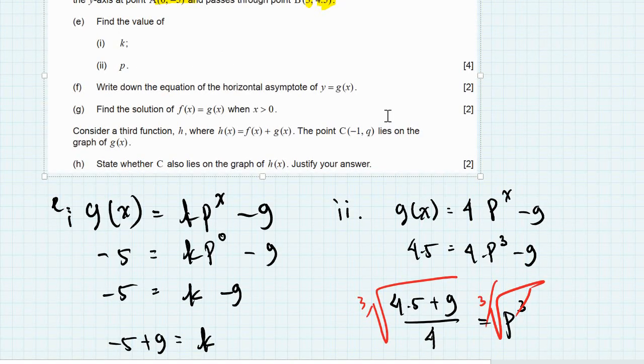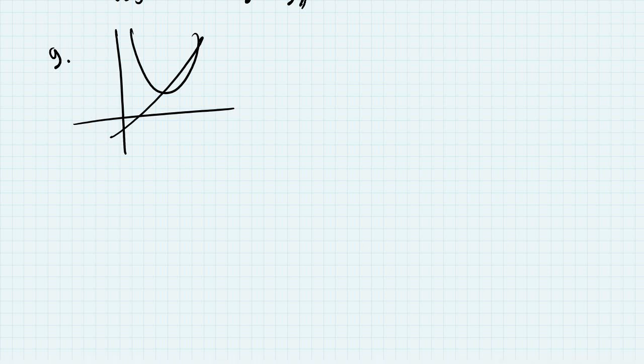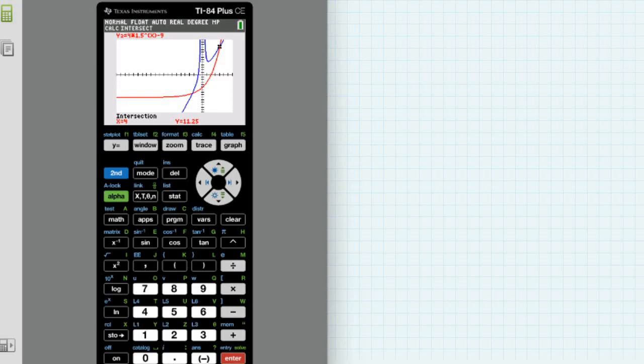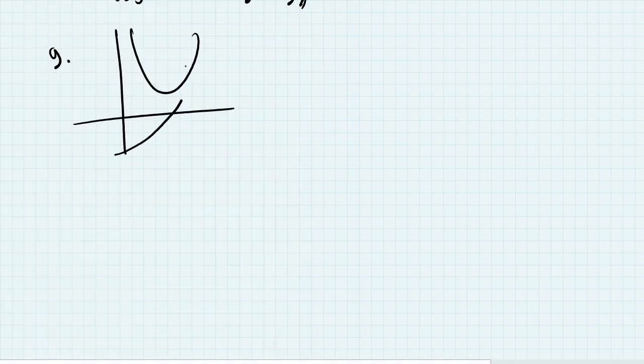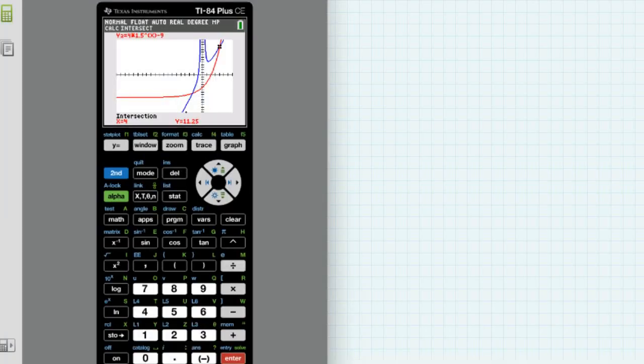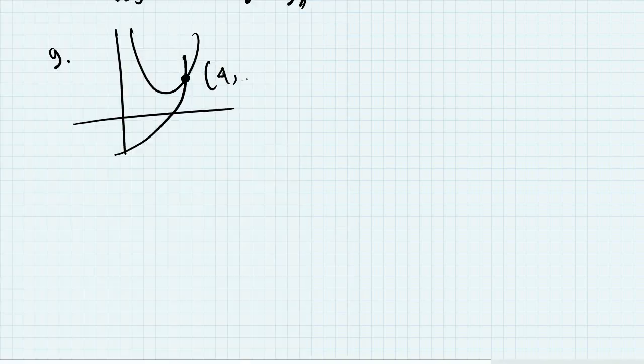What's the question G? Find the solution fx equals to gx. Okay, so it will be the same. Oh, it's wrong. How was the graph? Okay, it looked like that. I'm writing this as a way to show the assessor how I found it. 11.25.